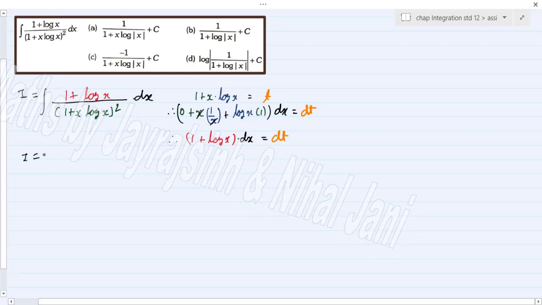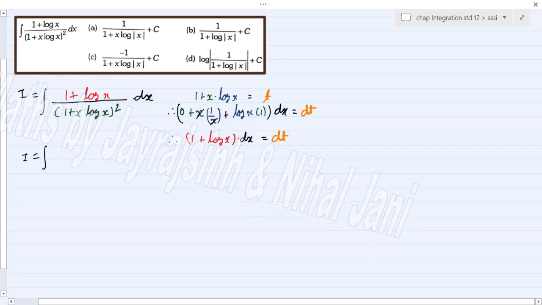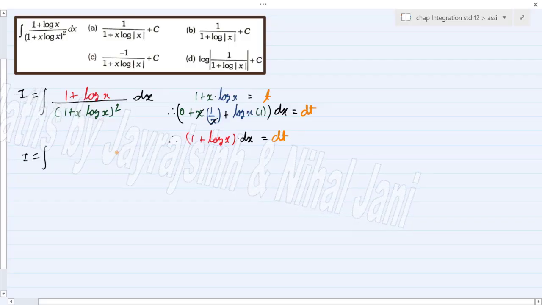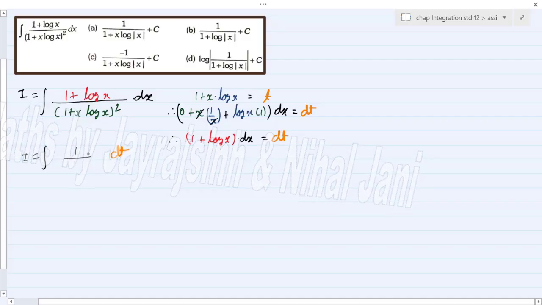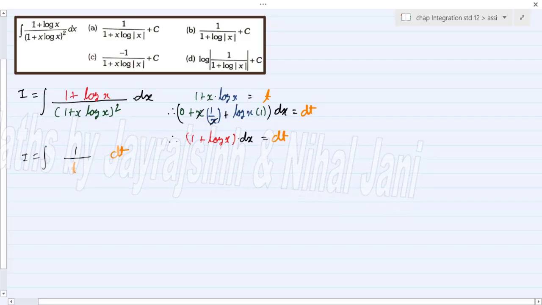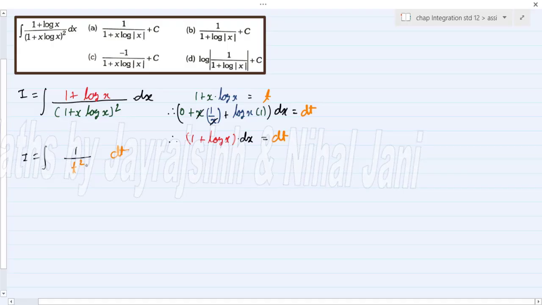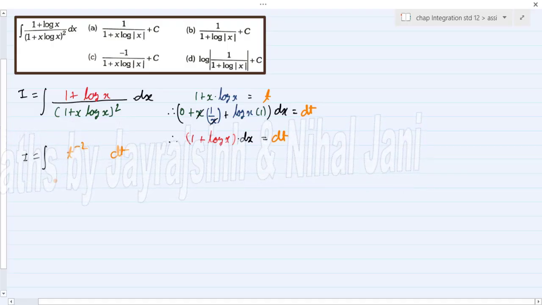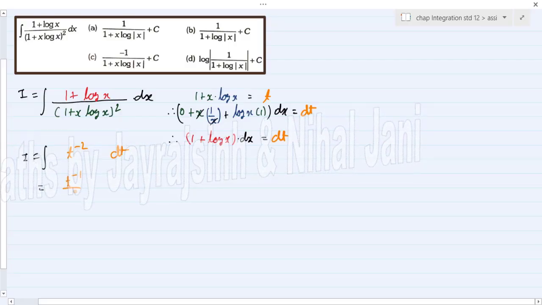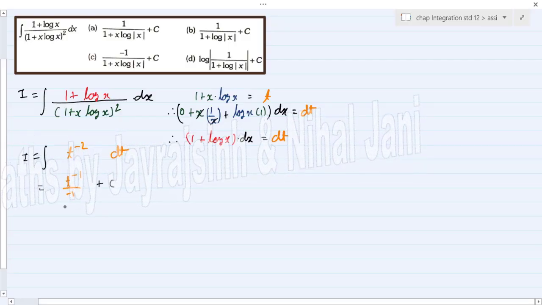So we are ready to modify our integration. This 1 plus log x dot dx will be your dt, and 1 upon the box square is simply t square, or we can say we have to integrate t raised to minus 2, which will be t raised to minus 1 upon minus 1 plus c.